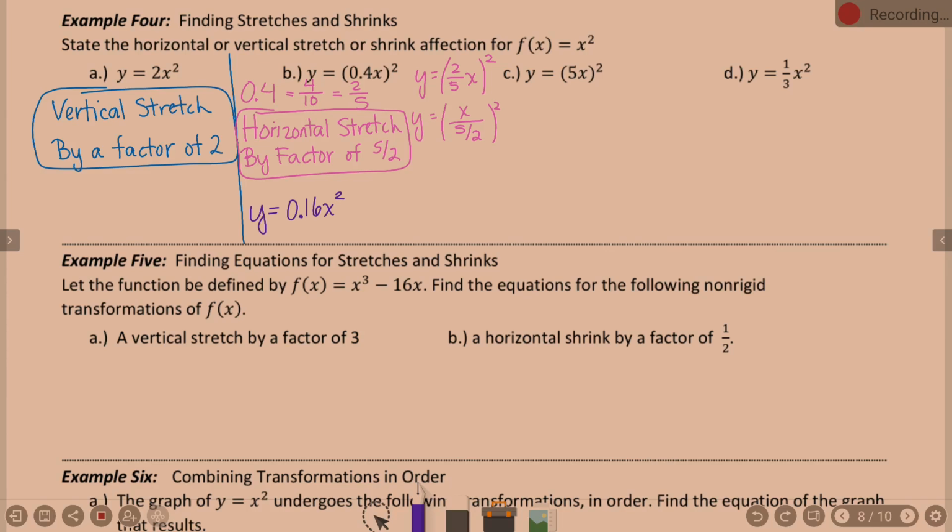If we change this equation to this form, what would that be in terms of my horizontal and vertical stuff? Vertical shrink. Now we're talking that this could be called a vertical shrink. Well, aren't they the same thing essentially? I'm getting there. By a factor of 0.16.